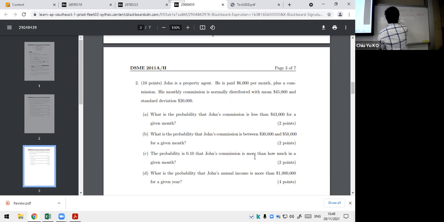Because Y is this plus X, so we just write 6,000 plus X is less than that. Or if you don't want to write the math, you know his base salary is 6,000, so you can just subtract 6,000.